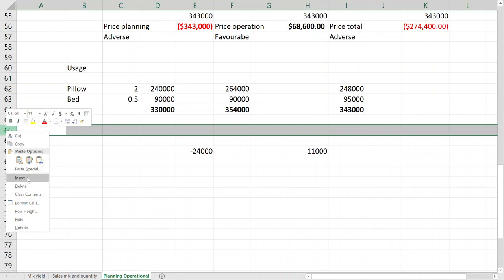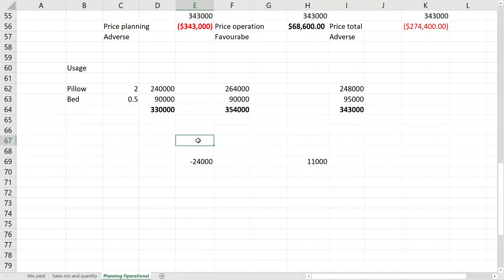Again, the problem is with the planning. So if you want to be more specific, usage planning adverse for pillowcases.